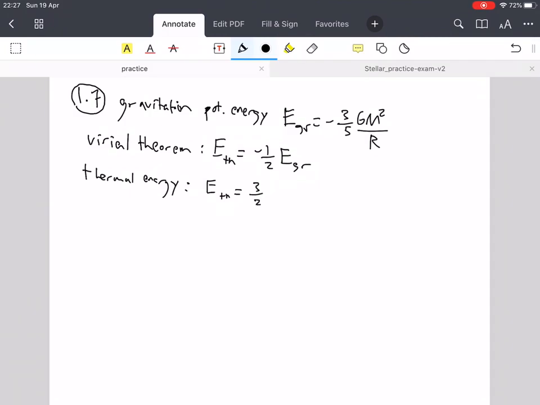So E_TH is 3/2 NkT, where capital N is the number of particles. And here the assumption for it being completely hydrogen makes it relatively easy, because then we don't have to worry about the composition, the mixture of different masses of different particles.